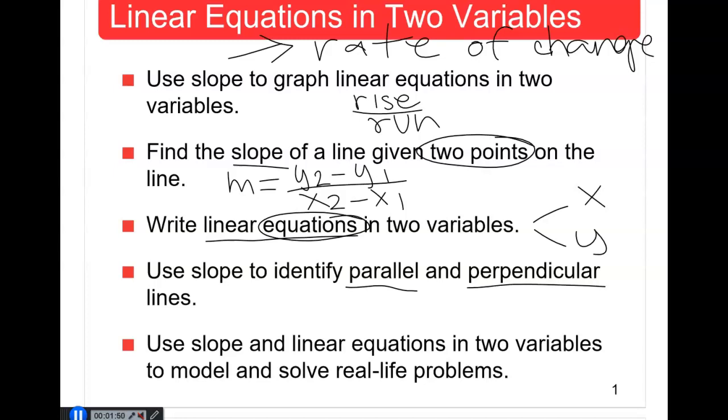Parallel are lines that are parallel like that, they never intersect. Perpendicular will be intersecting exactly at a 90 degree angle, just like the XY axis. We're also going to be using the slope in linear equations to model and solve some real life problems. So we'll have some application at the end.